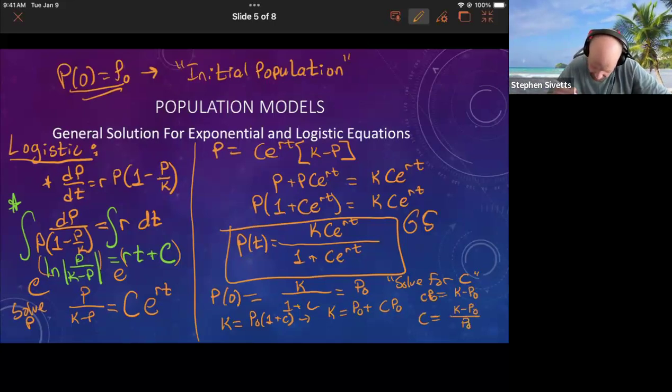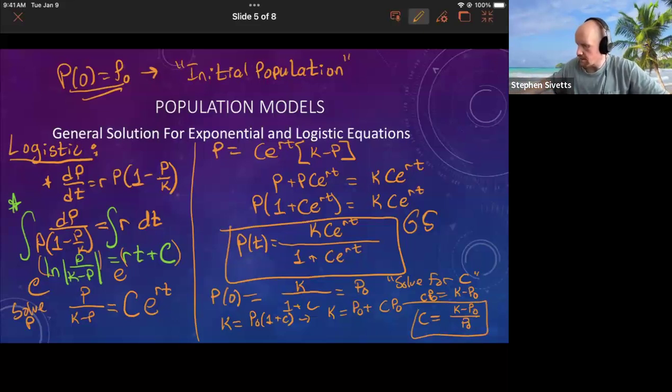Let's see. Yeah. Okay. So that's C. So that's how to figure out C in the logistic differential equation, right? And yeah, that is essentially the background behind the logistic differential equation.